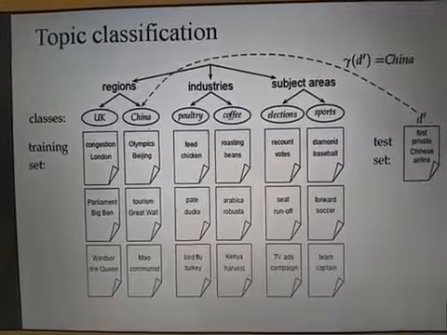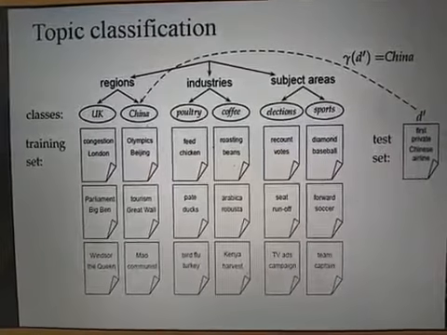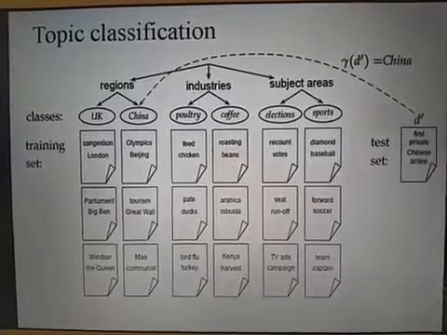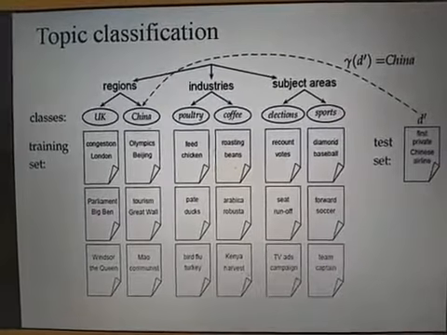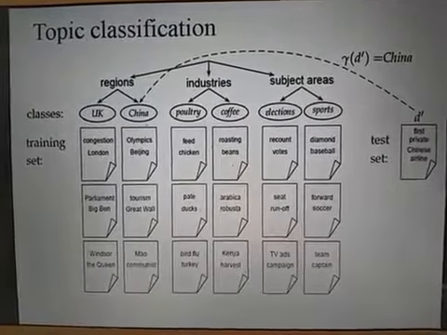Whether it belongs to the UK class, China class, poultry class, coffee class, election class or sports class. The most appropriate assignment for this is China, that is, the appropriate class of this new document is China.